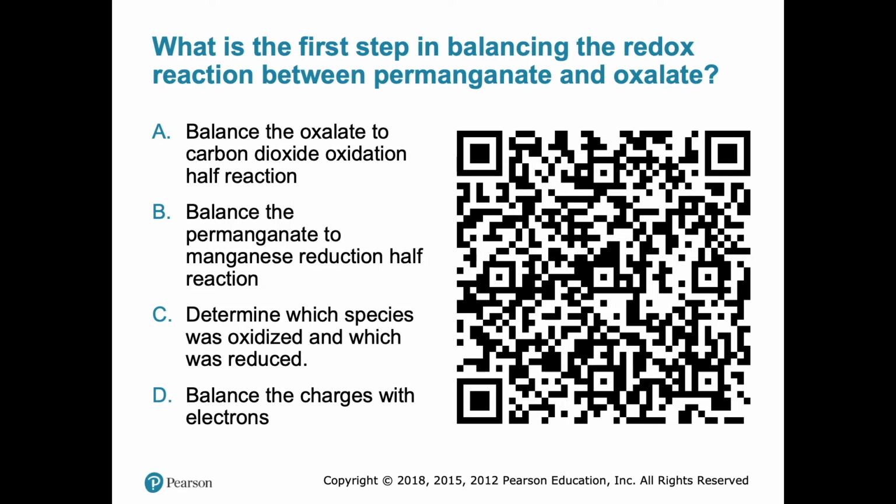Because if you don't make the correct half reactions, then you won't be able to balance each half reaction correctly. So I would at the very least figure out which species is getting oxidized and which one is getting reduced first, and then start balancing the half reactions.